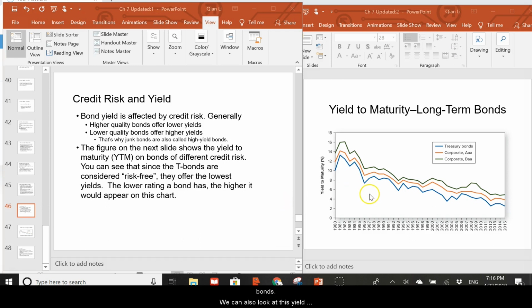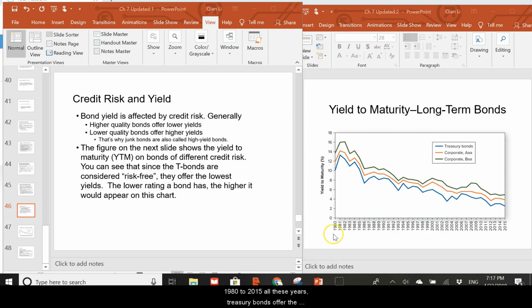We can also look at this yield to maturity graph for different kinds of bonds and understand this relationship between credit risk and yield. So in this graph, we are looking at the return from treasury bonds in blue, AAA rating corporate bonds in orange, and BAA rating bonds in green.